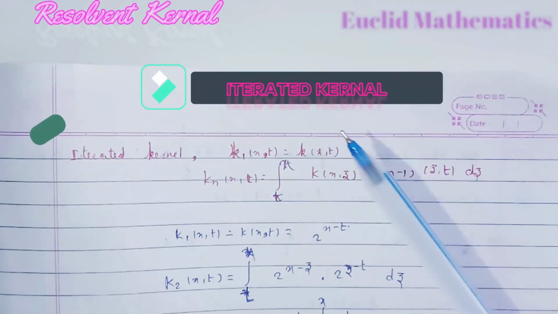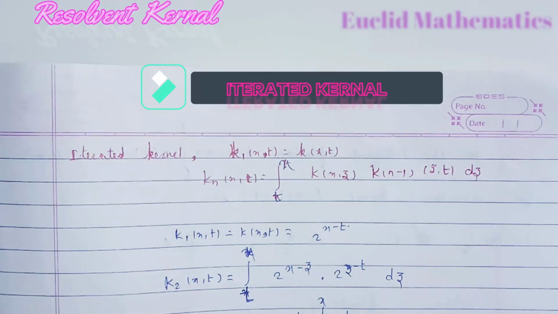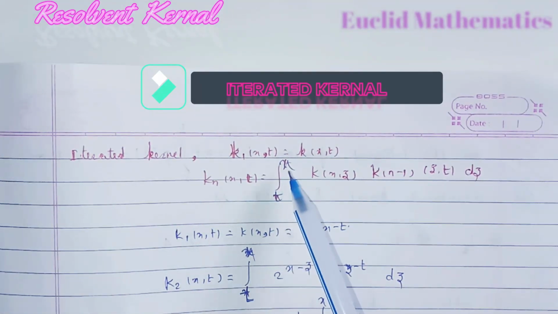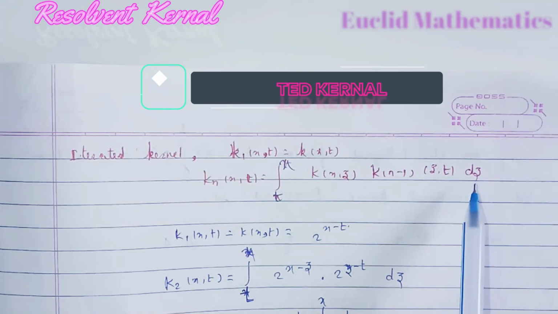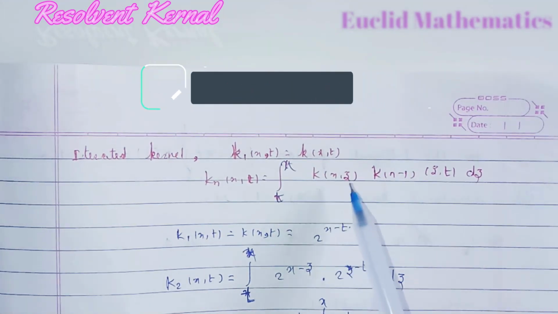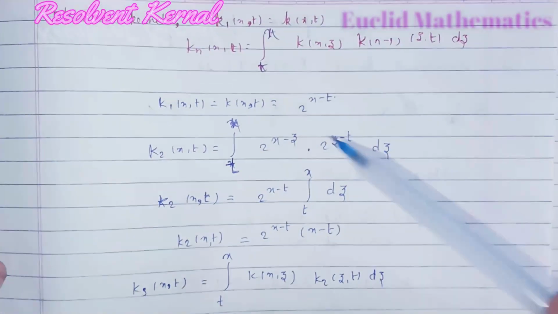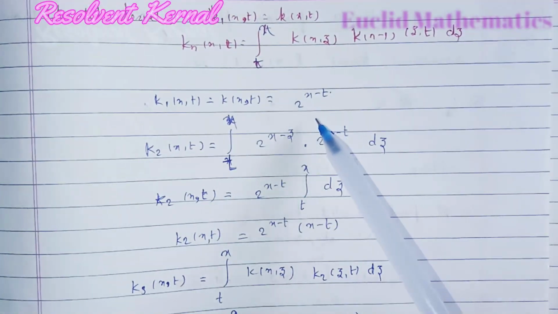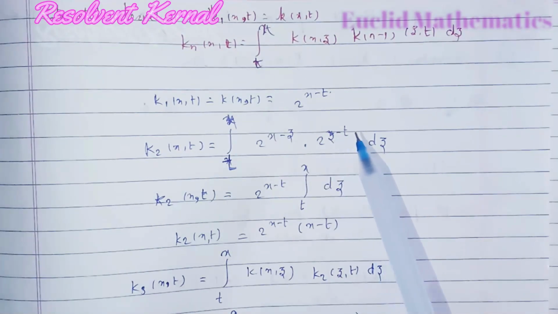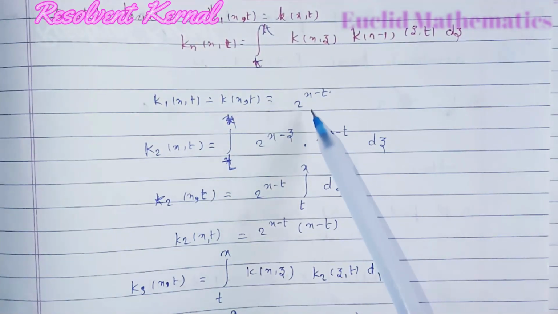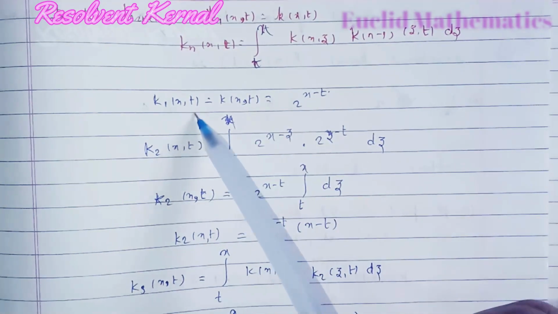Our task now is to find the values of K2(x,t) and K3(x,t). Kn(x,t) is the integral over t to x of K(x,z) K(n-1)(z,t) dz. Now substitute the values. K1(x,t) is K(x,t), and the kernel given in our example is 2 raised to x minus t. So we have the value for K1(x,t).